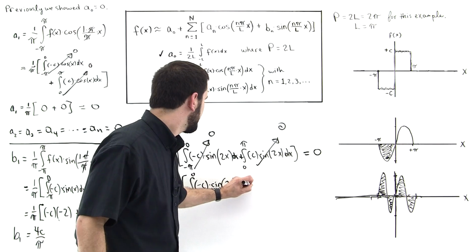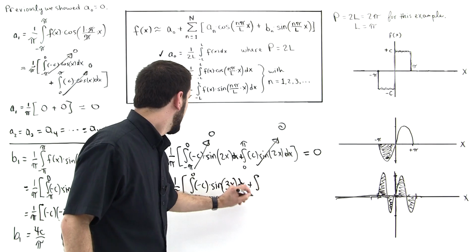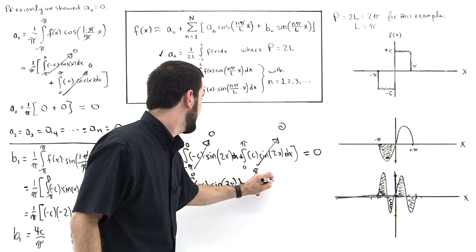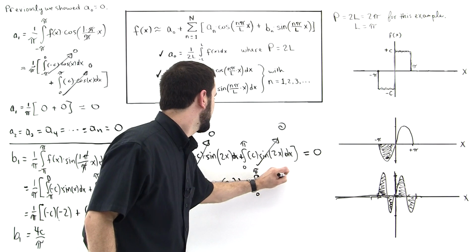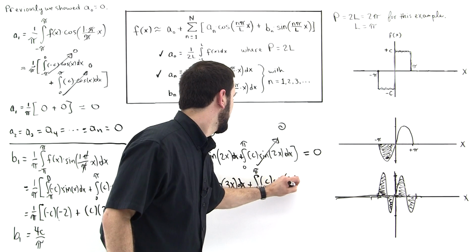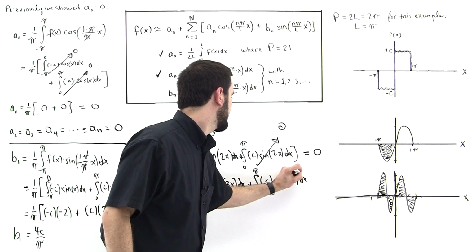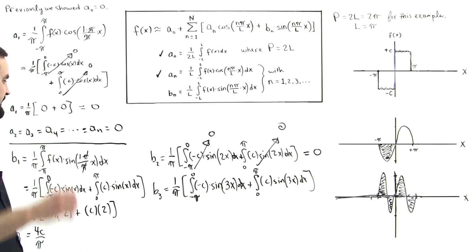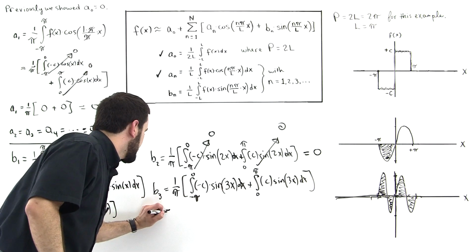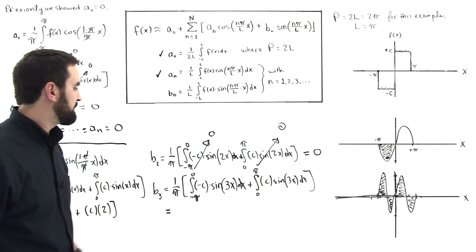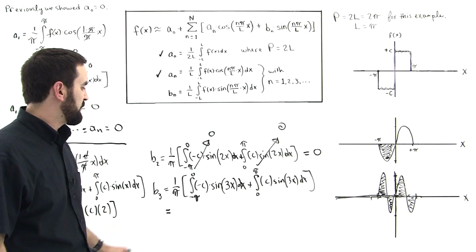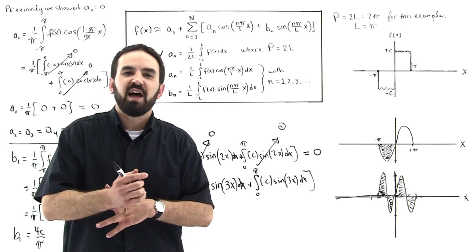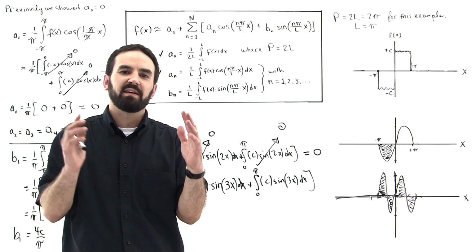Okay, plus from 0 to pi, positive c, sine of 3x dx, close bracket, like so. Okay, so we're all big boys and girls at this point, right? So we can integrate. The negative c factors out, and then we integrate the sine of 3x. Now look, now there's not two wavelengths being packed into that same space.